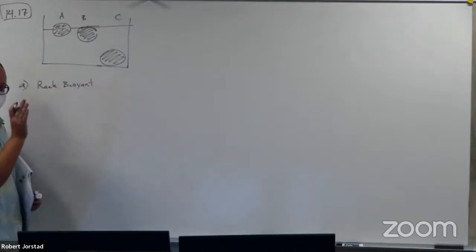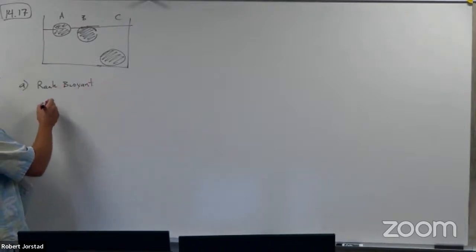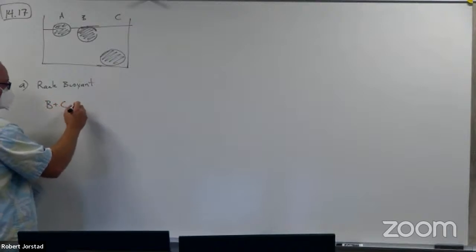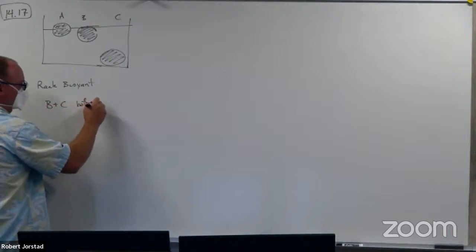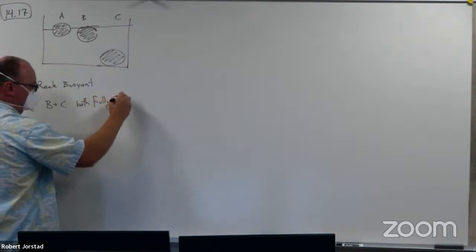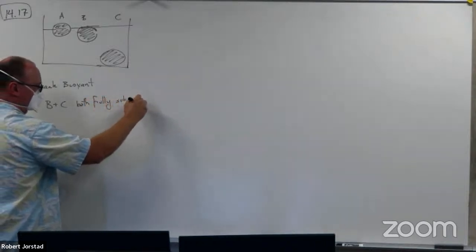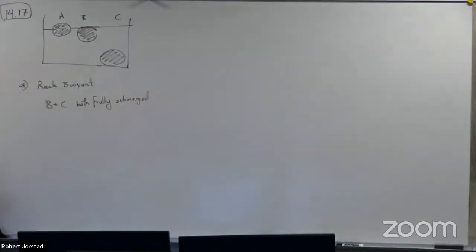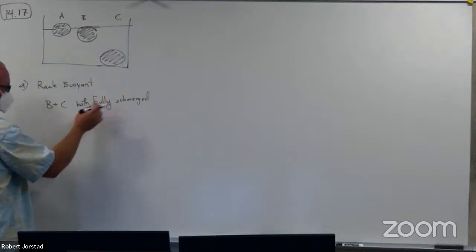It's a tie. Do you agree B and C both fully submerged? Does everybody agree with that? Or that's what the problem says. It's just barely fully submerged, right? So that means it's fully submerged.